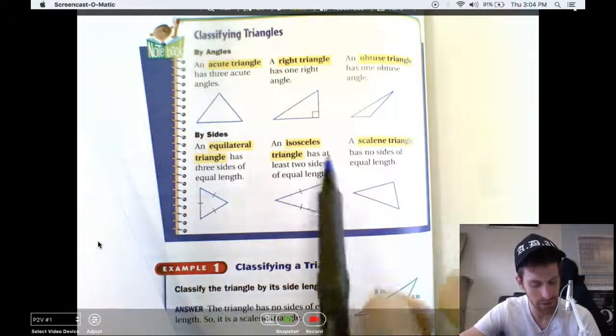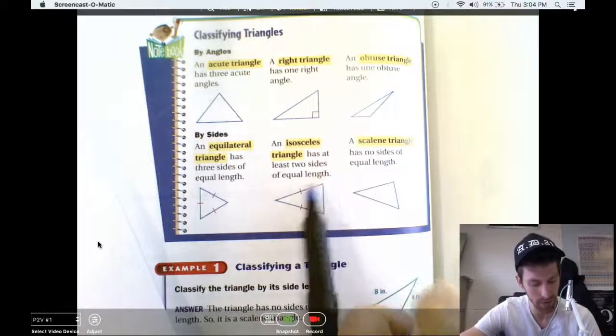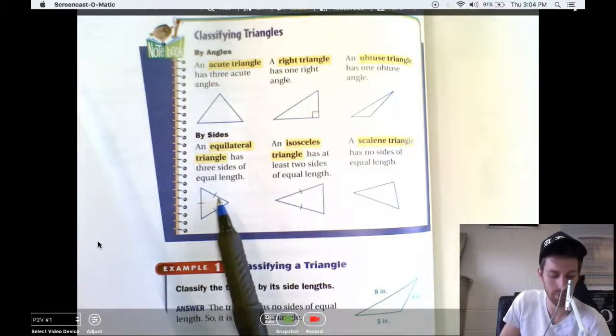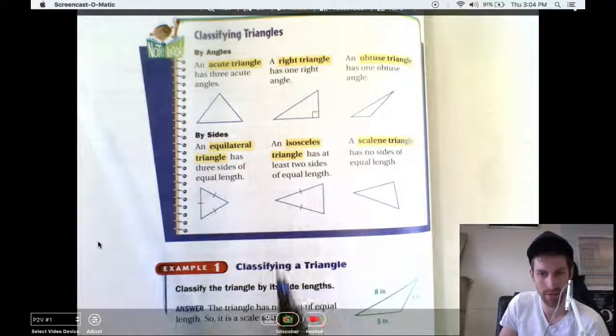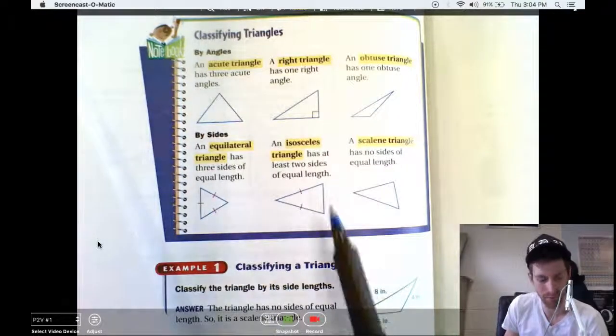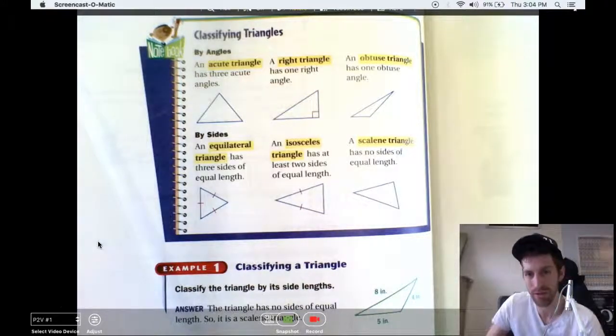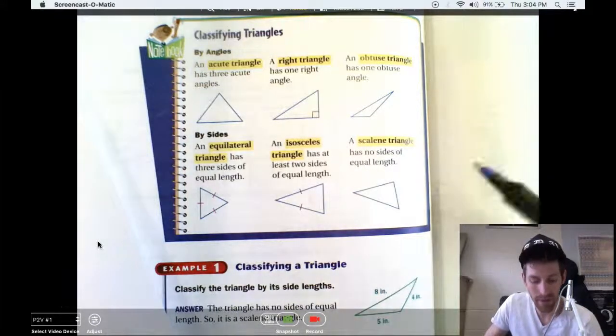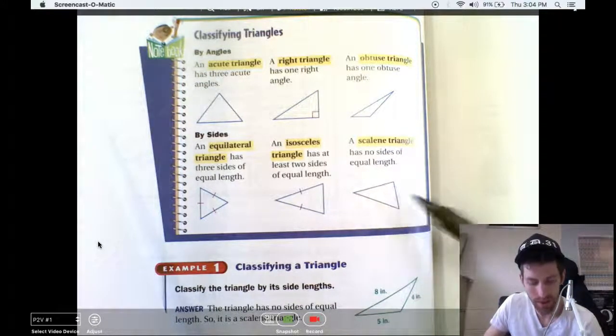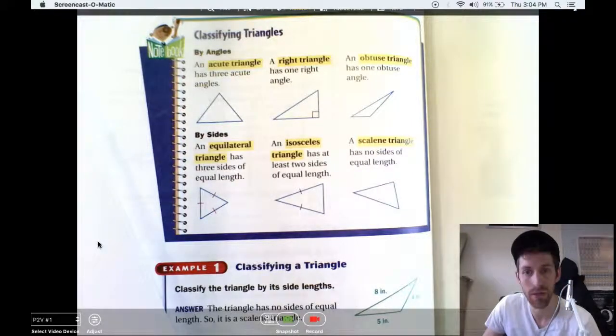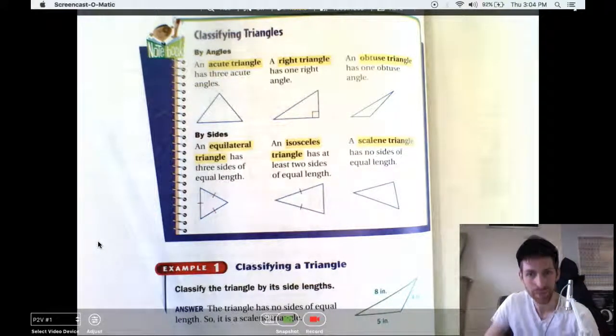And actually this says has at least 2 sides of equal length. So an equilateral triangle is also isosceles. But typically an isosceles triangle looks like this, where 1 is a different measure. And then finally, this one, all 3 sides are different. We call that a scalene triangle.